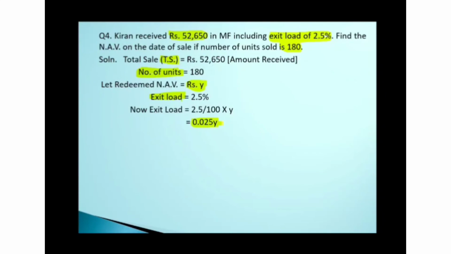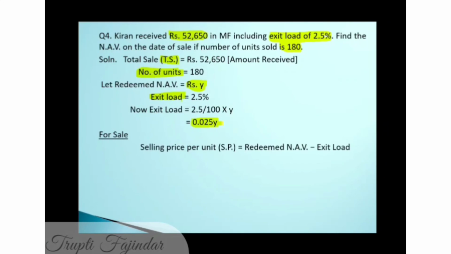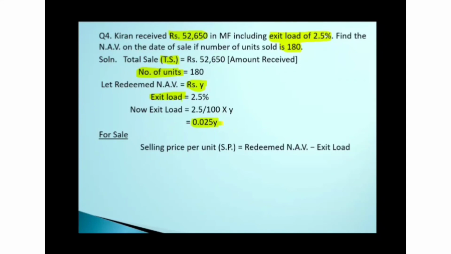Once you calculate the exit load, we will move ahead to the calculation for the sale part. We put down a small heading, for sale, and in that we calculate the first component, the selling price per unit, SP. Make the calculation of SP and let me know what answer you get. The formula is redeemed NAV minus exit load.